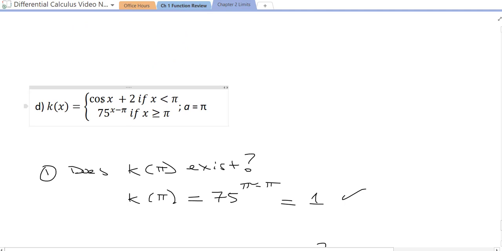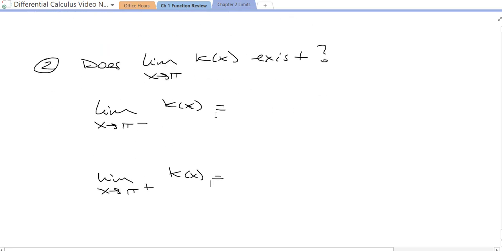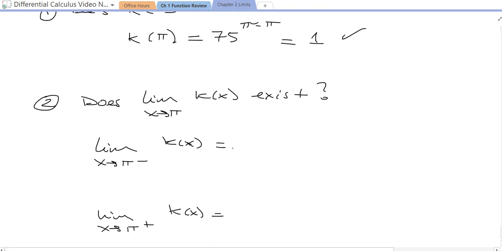So I'm following cosine x plus 2. So this will be the same thing as finding the limit as x goes to pi of cosine x plus 2. So plug in pi. I'm going to get cosine of pi plus 2, which is 1. Right? So the limit exists.